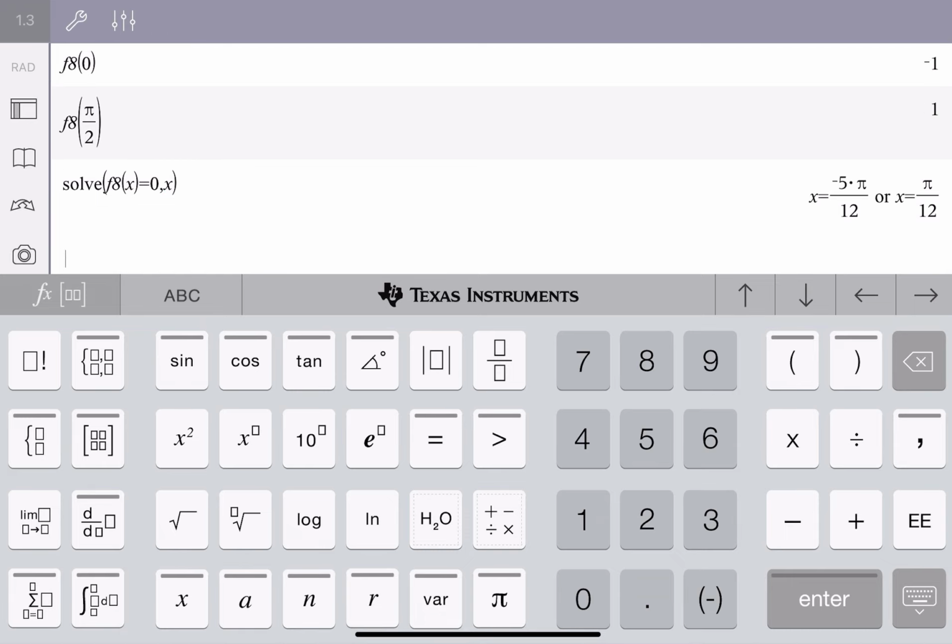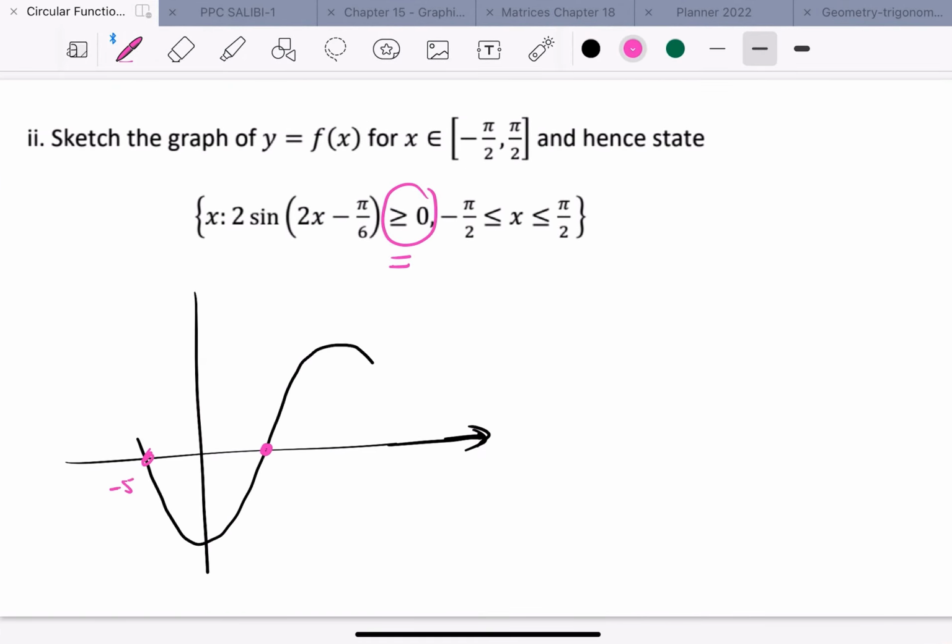And we've already got a domain, so I don't need to write one. So that's negative 5 pi on 12 or pi on 12. My graph probably doesn't represent these values very well. But the point is that it wants to know when is it greater than 0. So it is before that point and after that point.